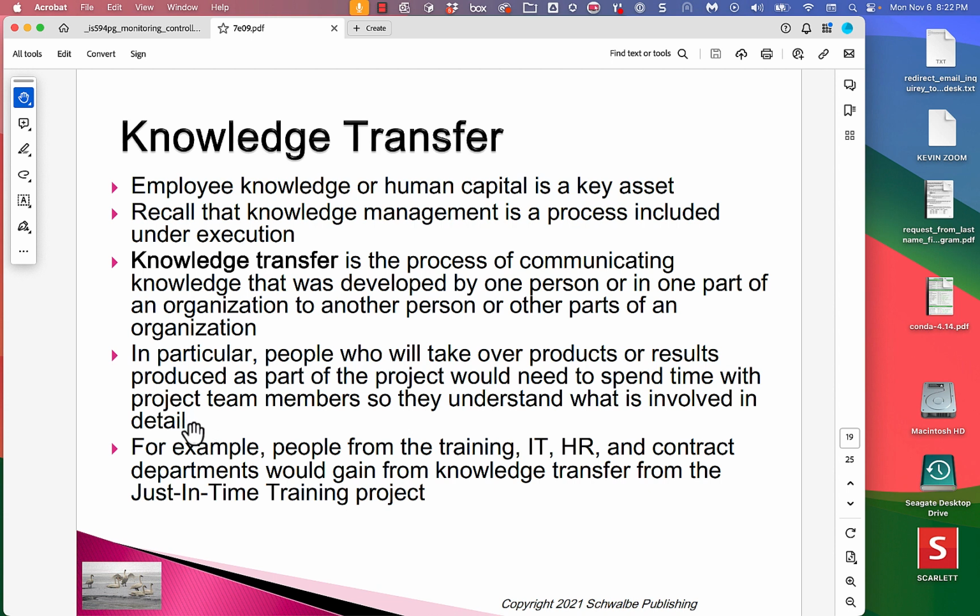And who's going to maintain this thing? If it's an information system, it has to be maintained. But if it's a new product or a new service, that has to be maintained too. And the thoughts of the project team about how to do that, I think, could be quite valuable. And they've included an example here from the textbook examples.